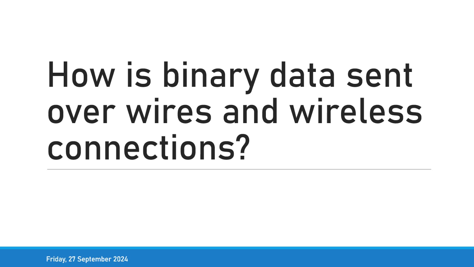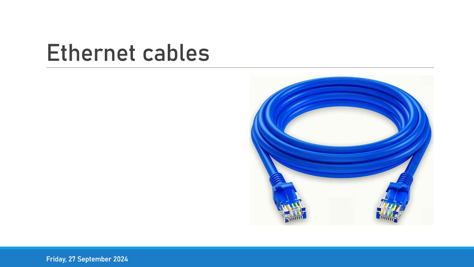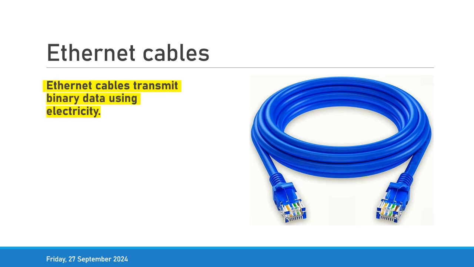So how can we then send those binary bits of data over wires and wireless connections? Well, first we're going to talk about Ethernet cables. Ethernet cables usually connect our computers, PCs, and laptops to the internet.